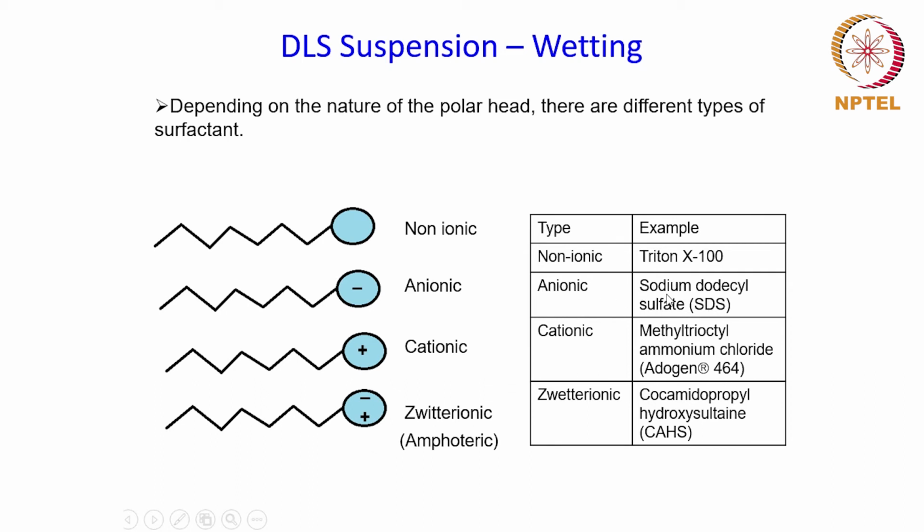For example, sodium dodecyl sulfate or SDS is anionic. Similarly, this compound, which goes by the trade name Adogen 464, is cationic. Similarly, this one CaHS is zwitterionic.